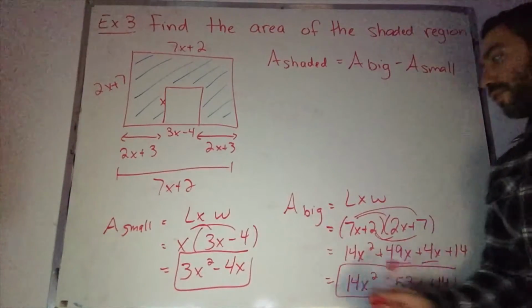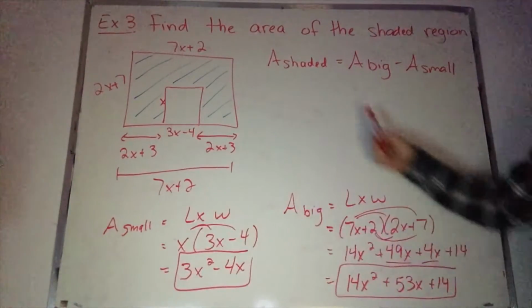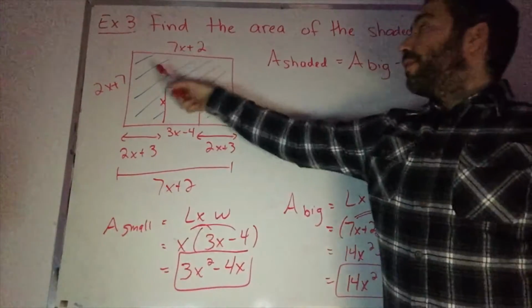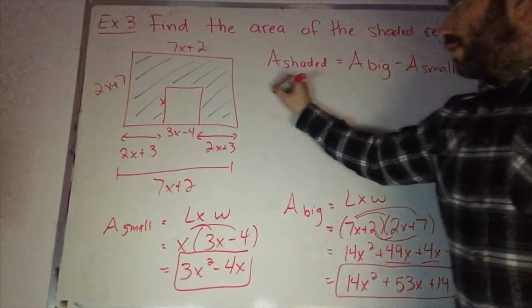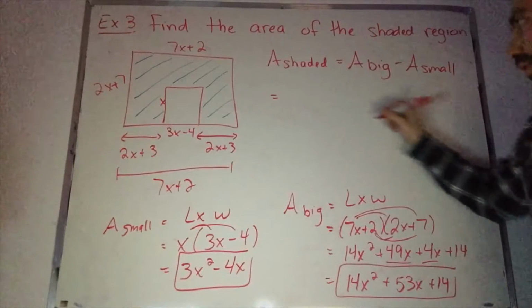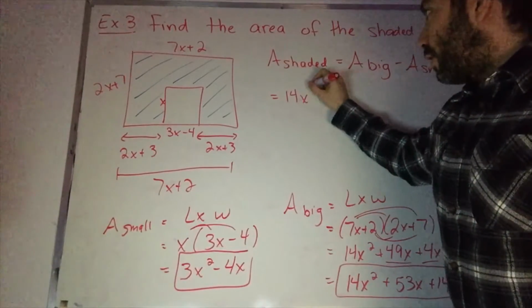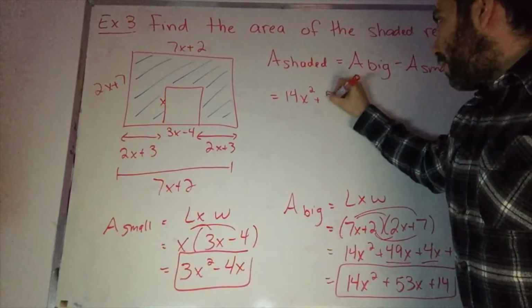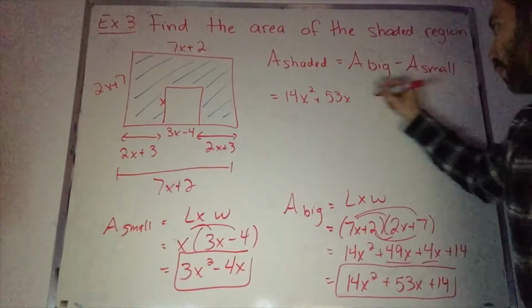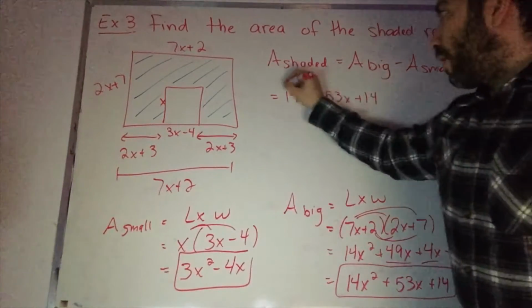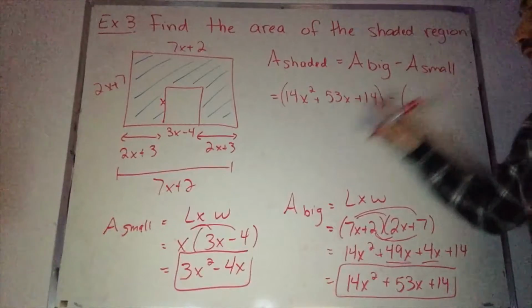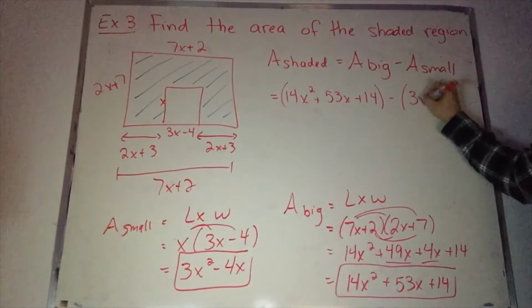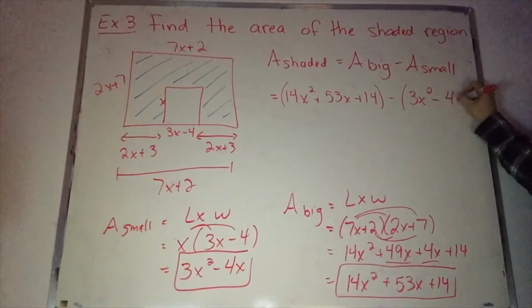So we got our two answers. We found the area of the small and the area of the big. And now to find the area of the shaded, the blue region, we just subtract our two answers. So 14x squared plus 53x plus 14, all this in brackets, minus the area of the small, 3x squared minus 4x.